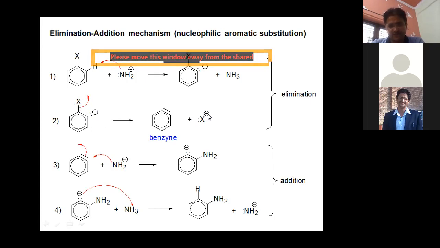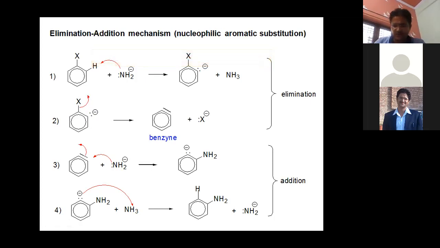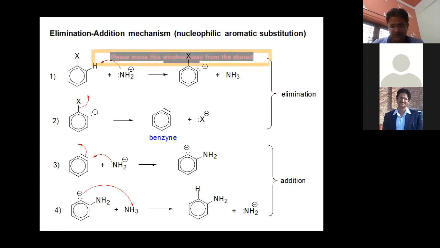They remove out X minus, and when X minus is removed, this negative charge converts into a pi bond, right?